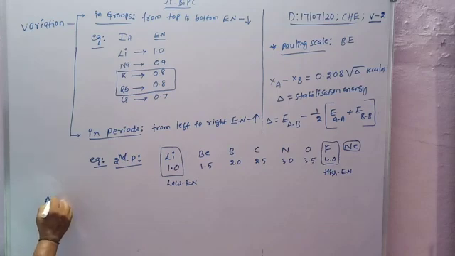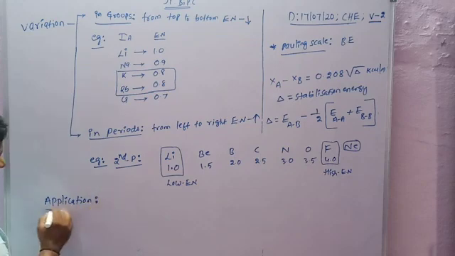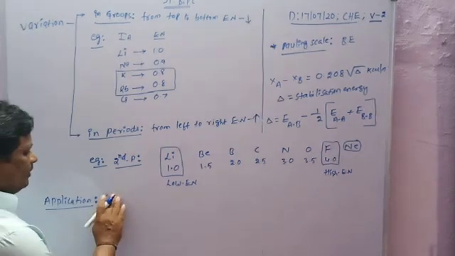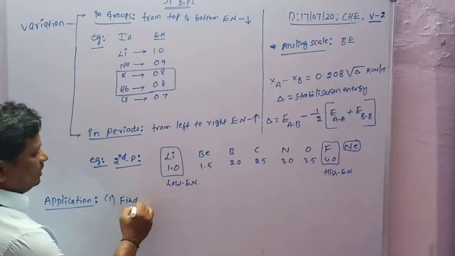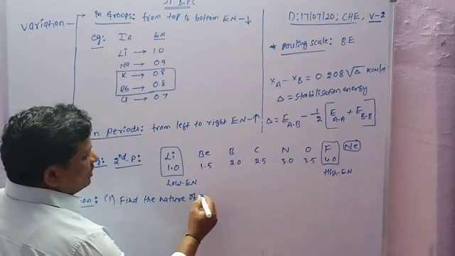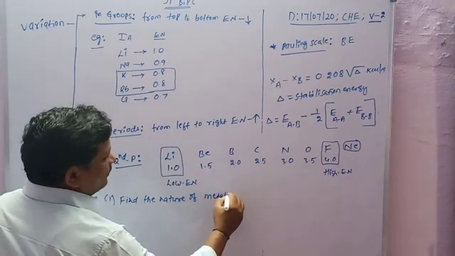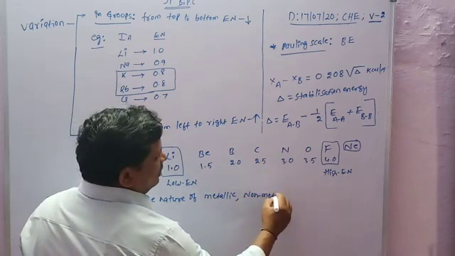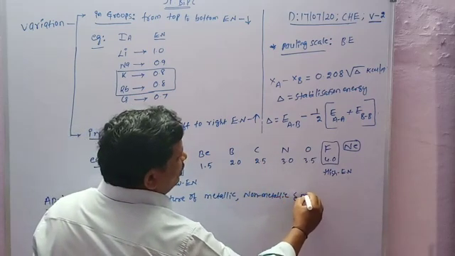Now applications. What are applications? Applications of electronegativity. Actually, based on electronegativity we decide the metallic, non-metallic and metalloid nature, and find the nature of metallic, non-metallic, and metalloid.